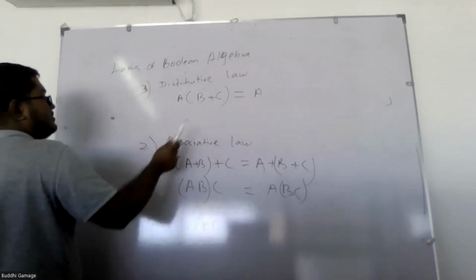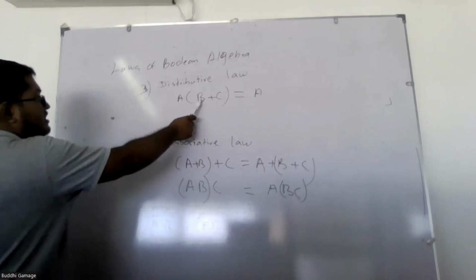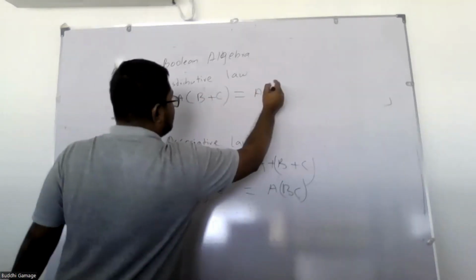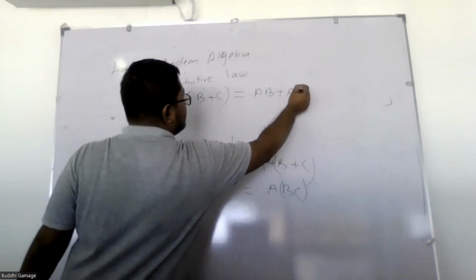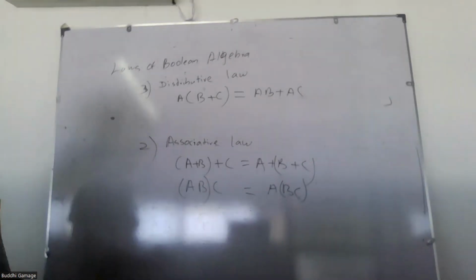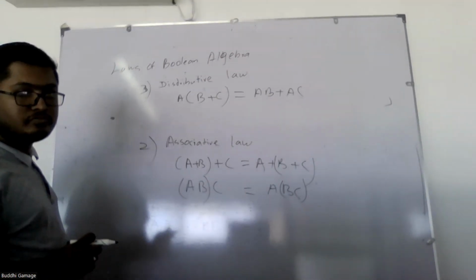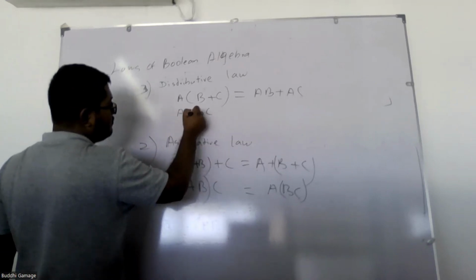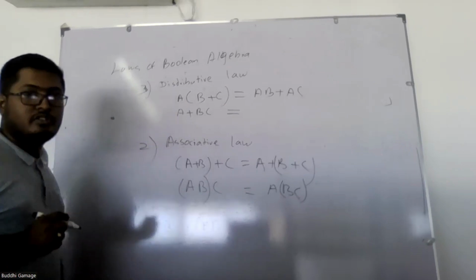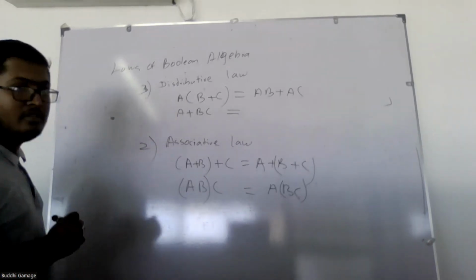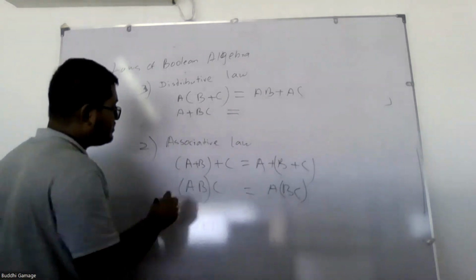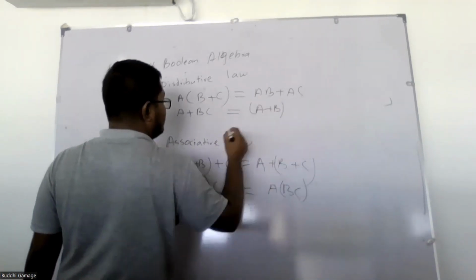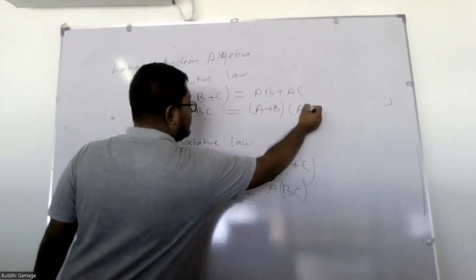In this way, we can simply distribute this A inside B and C, that means removing this bracket, so AB plus AC. And this other one is somewhat harder to understand: A plus B and A plus C.